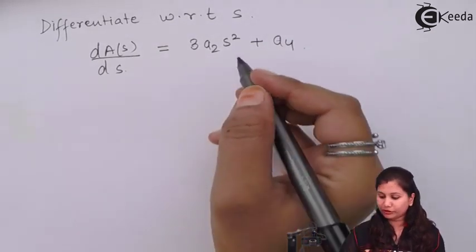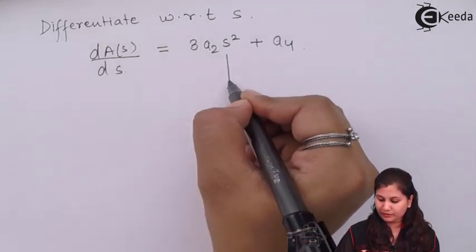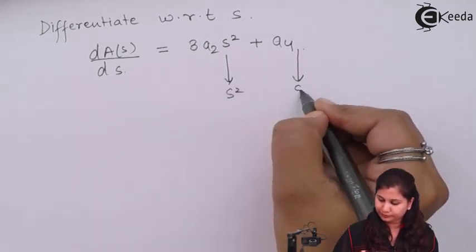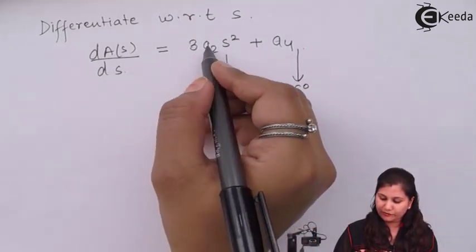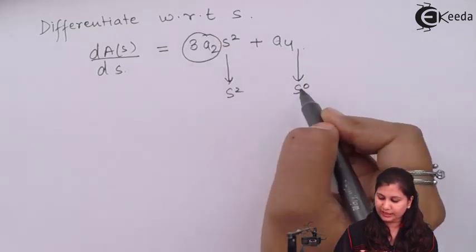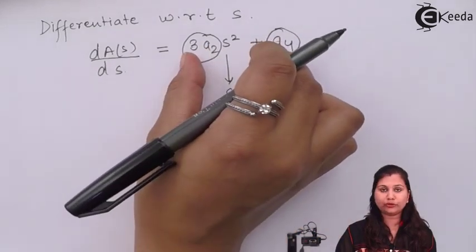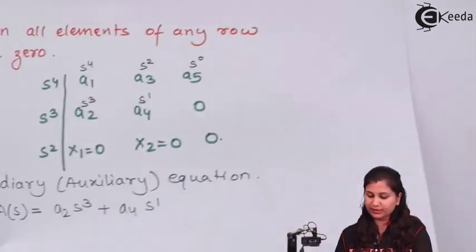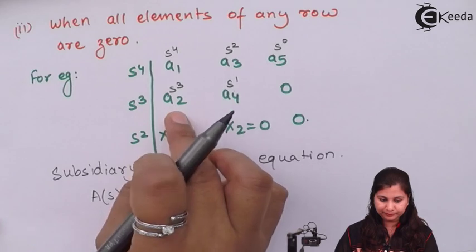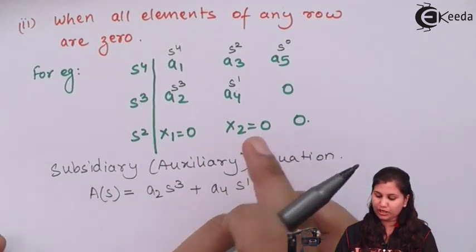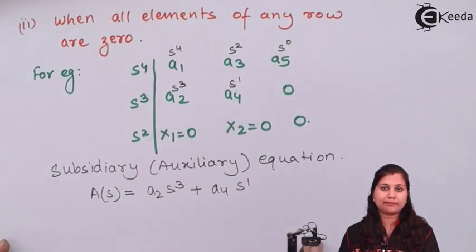So now we have got the coefficients of S square and S to the power 0. S square coefficient is 3A2 and S0 coefficient is A4. So we are going to use these coefficients. We will place them here where we have obtained x1 equals to 0 and x2 equals to 0, and then we will follow the same procedure.